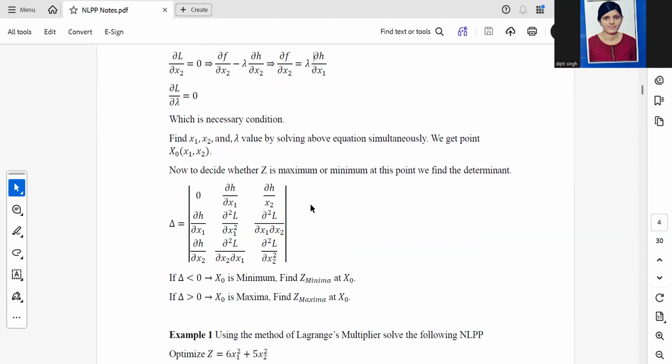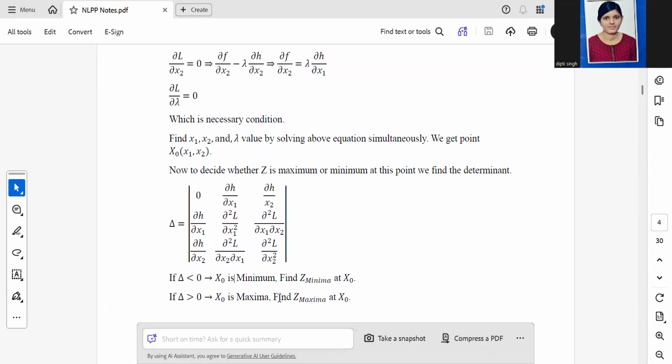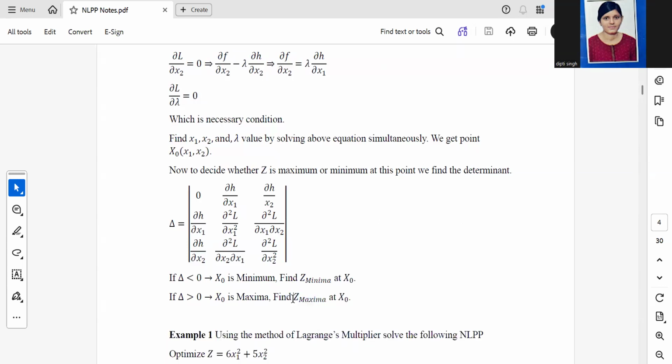This is symmetrical, with del 2 L over del x1 square, del 2 L over del x1 del x2. This is also known as the bordered Hessian matrix. Now if this determinant is less than 0, then x naught is a minimum, and we find the z minima at x naught. And if it is greater than 0, then x naught is a maxima, and we find that maxima at x naught.